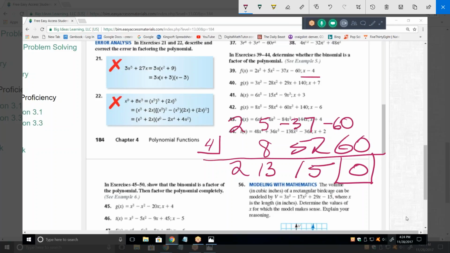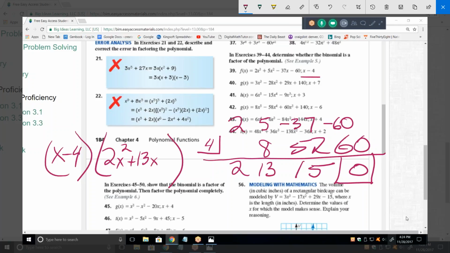Now let's write all the factors we know over here on the left. One of the factors, x minus 4. What's the other one at this point? 2x squared plus 13x plus 15.